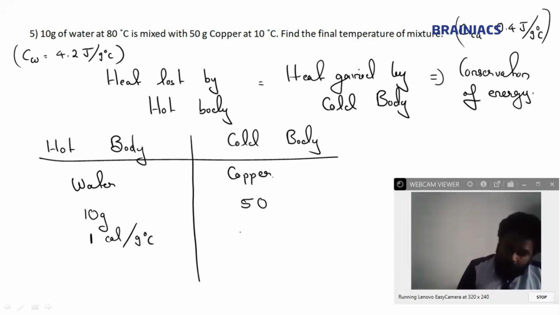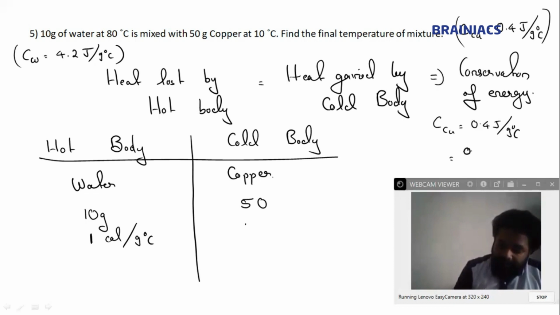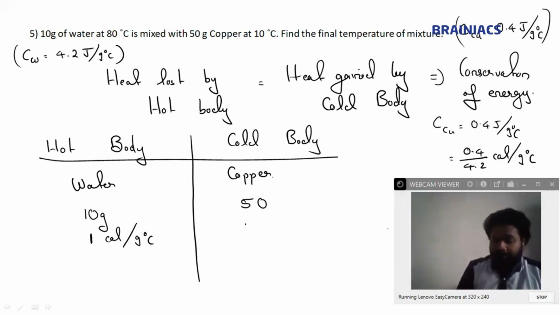But we will be using this in calorie for calculation easiness. So I am going to take 0.4 divided by 4.2. For the specific heat capacity of copper, 0.4 joule per gram degree centigrade, if we divide this with 4.2, we will get it in calorie per gram degree centigrade.